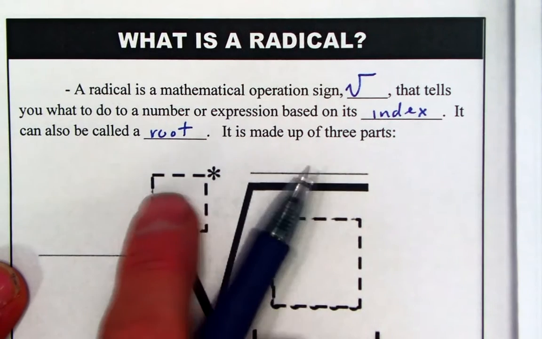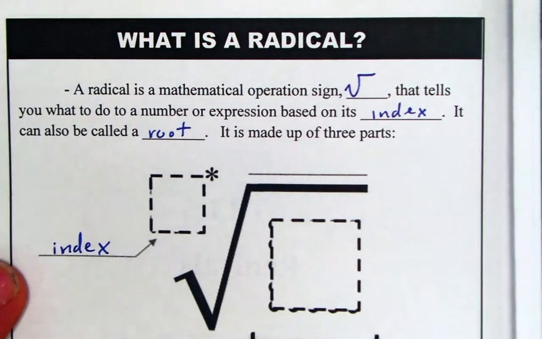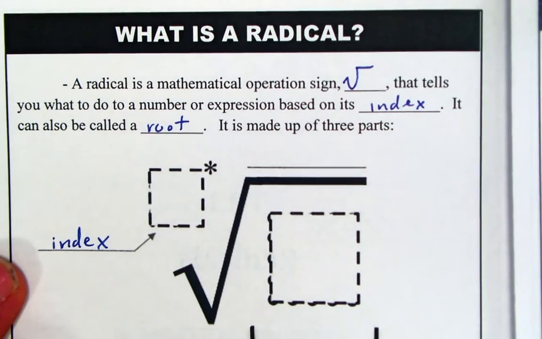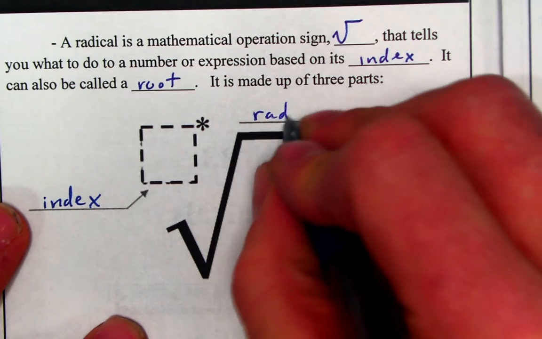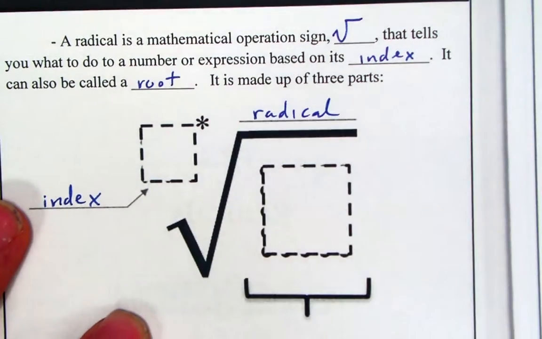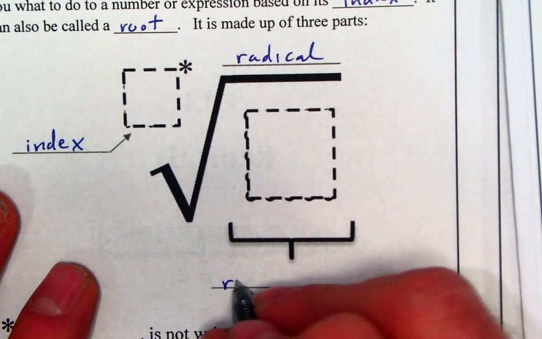So it's this number here on the outside that's called the index. This symbol is the radical. And the number that's on the inside of the radical is called the radicand.